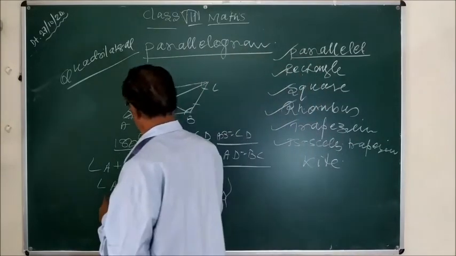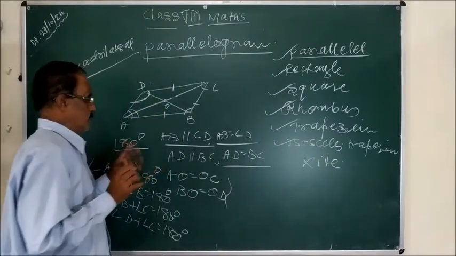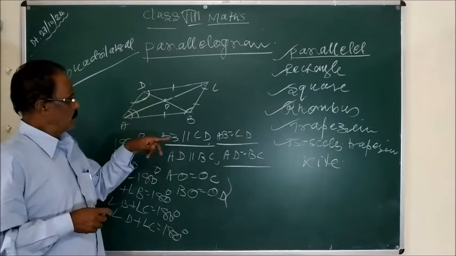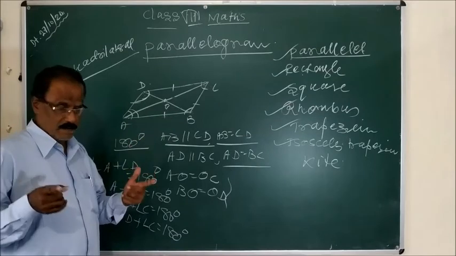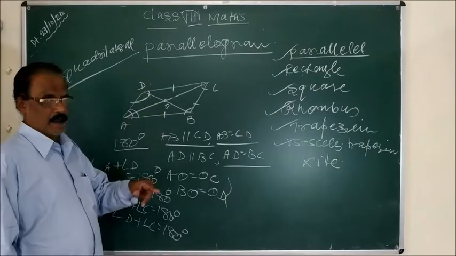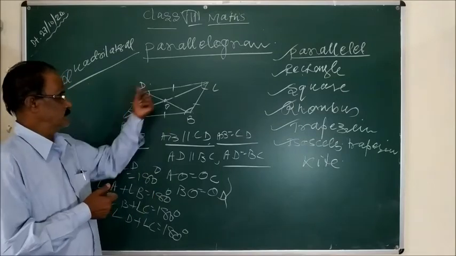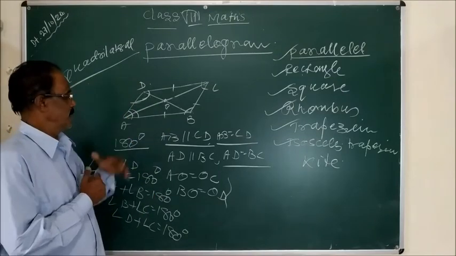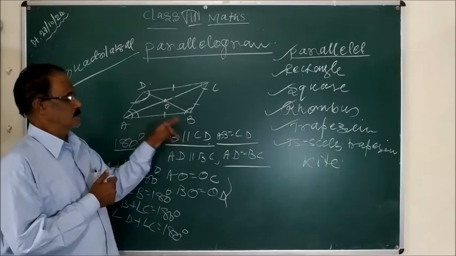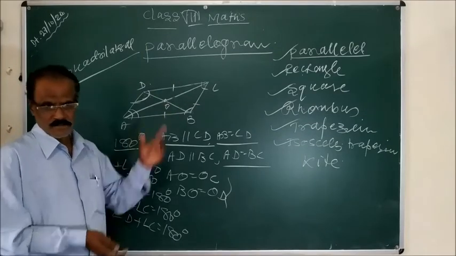But in a parallelogram, I would like to revise, a parallelogram is a quadrilateral in which two pairs of opposite sides, AB and CD, BC and AD, are equal and parallel.